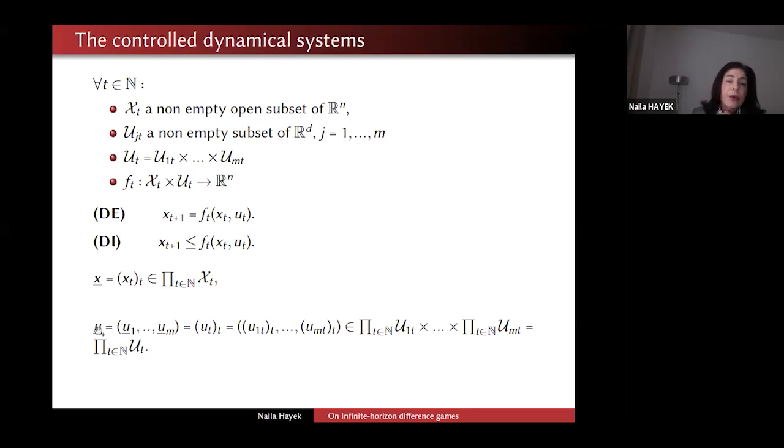The underlying u, which is composed of underline u_1, underline u_2, up to underline u_m, the sequences of strategies of each of the 1 to m players, is a sequence also u_t, which is in the infinite product of U_1t, ..., U_mt.